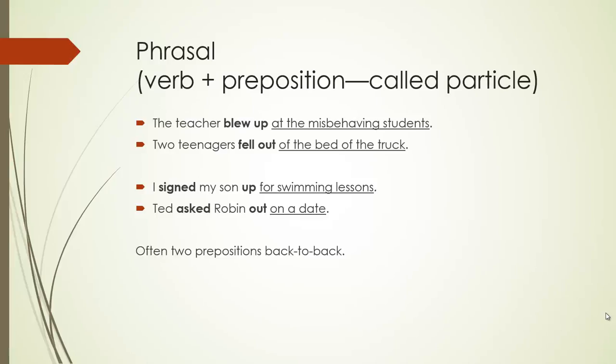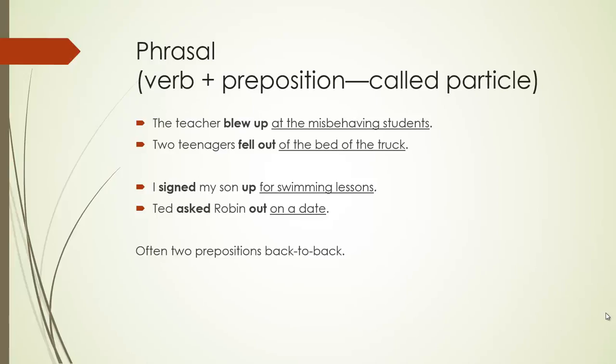The teacher blew up at the misbehaving students. 2 teenagers fell out of the bed of the truck. Okay? So if you look at these sentences, I've got in bold the verb, which is blew up or fell out, and then a prepositional phrase that follows that verb, at the misbehaving students. And so if you look at how the verb and the prepositional phrase butt up against each other, we actually have 2 prepositions, one after the other.